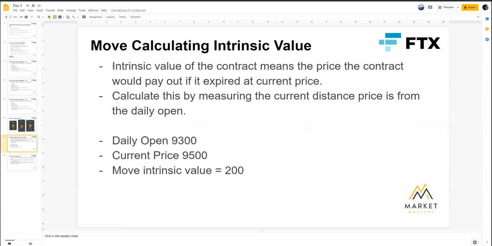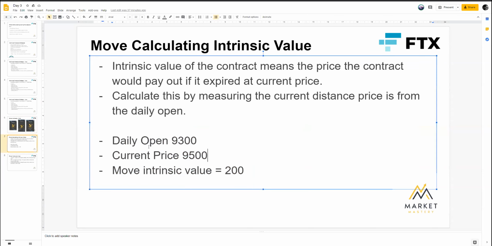So basically what we're looking for, I'll go over this one more time before we move on though. Let's just say that the daily open price is 9,300, right? But the current price of Bitcoin is 9,500. So the move intrinsic value would be 200, right?